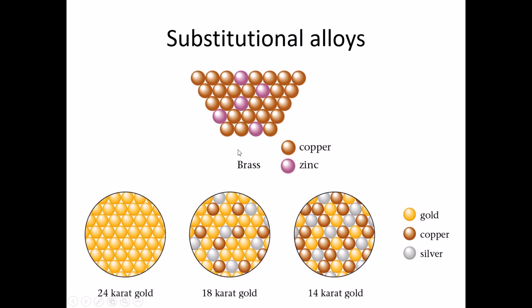So most people have heard of brass. Brass is not an element on the periodic table. It's not a metallic element. It's actually a solution. It's a mixture of copper and zinc. Okay, the different proportions of copper and zinc that you have make different colors of brass, different strengths of brass. But the zinc atoms are replacing the copper atoms in the lattice.